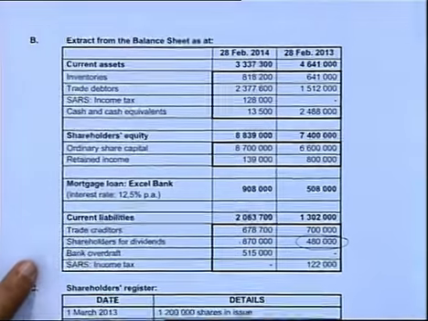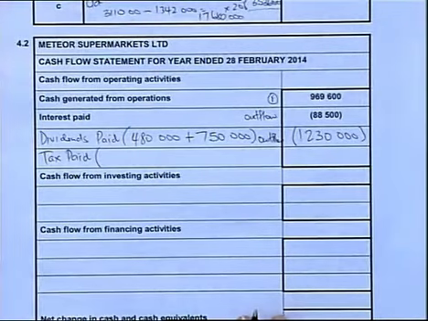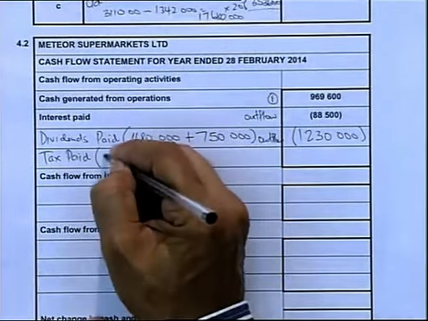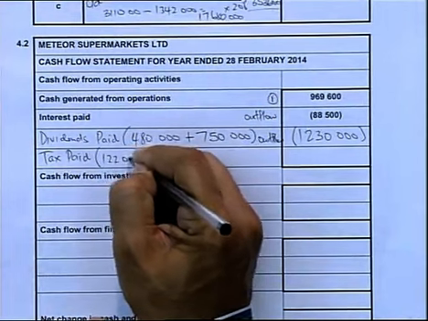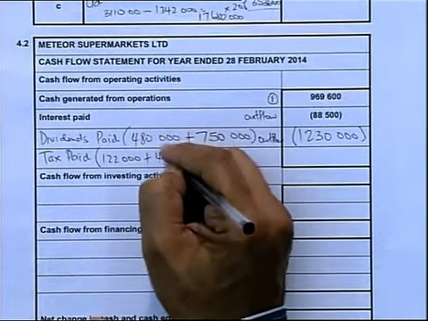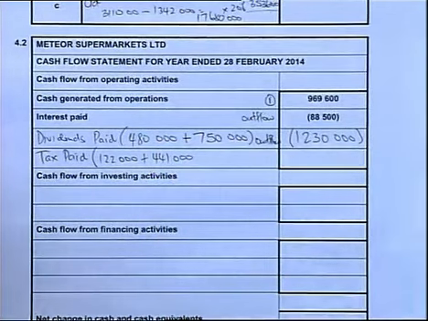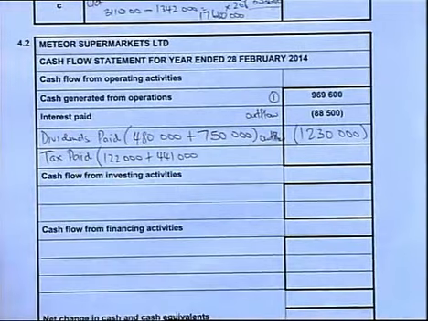Okay? So to get the amount that was paid for tax, we take the figure that we owed him last year, plus the income tax figure, which is 441,000.